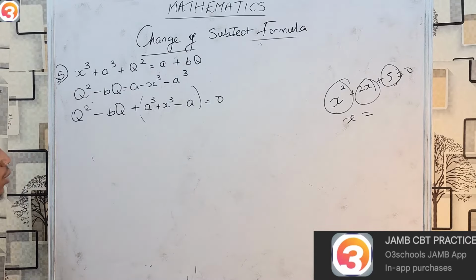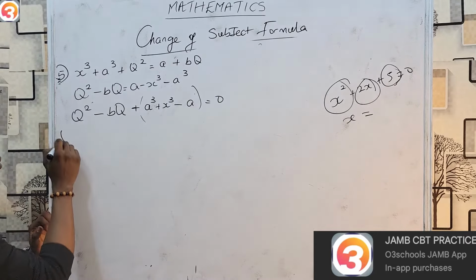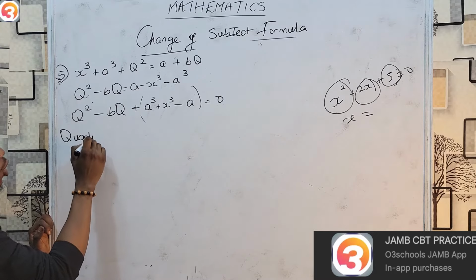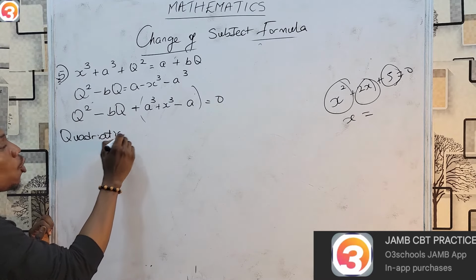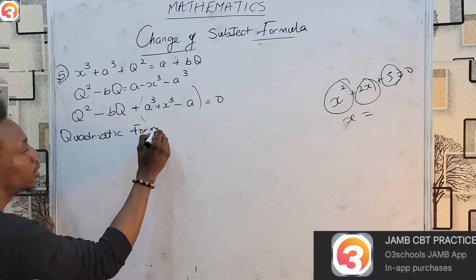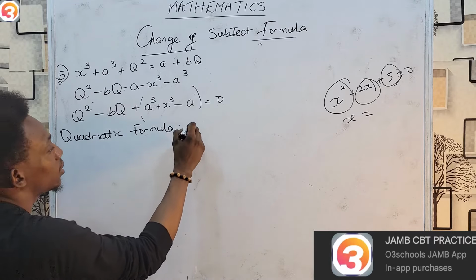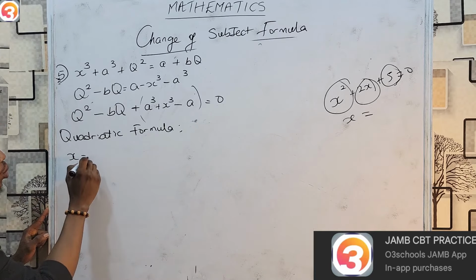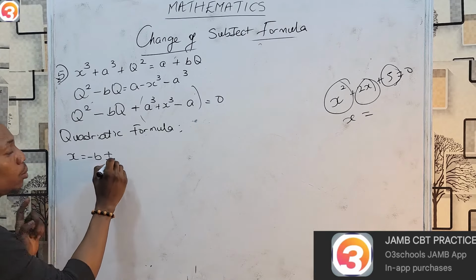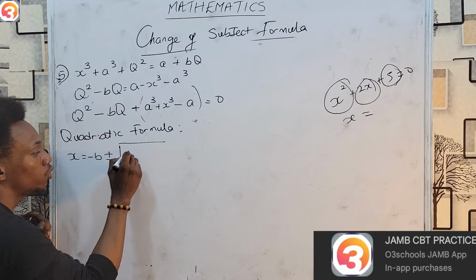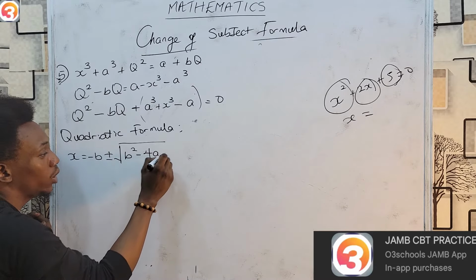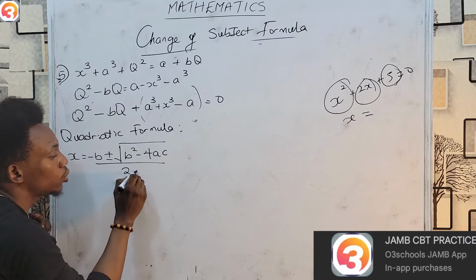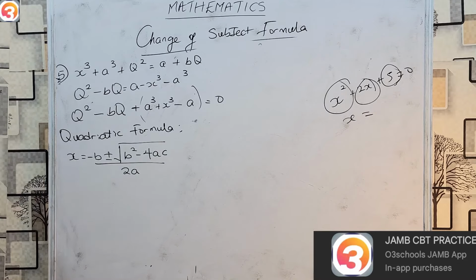The only way to solve this is using the quadratic formula, what some of us like to call the almighty formula. And that formula is that x equals minus b plus or minus the square root of b squared minus 4ac all over 2a.